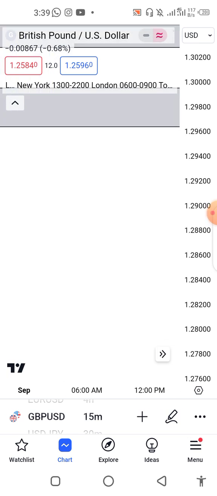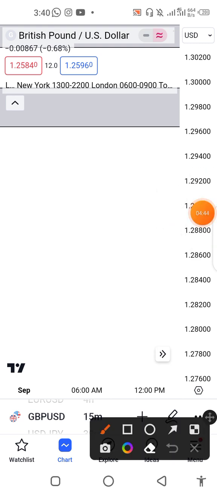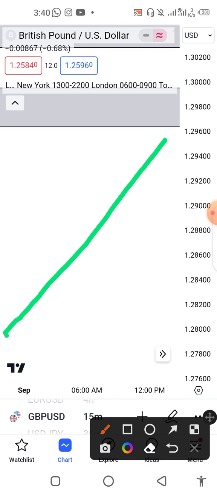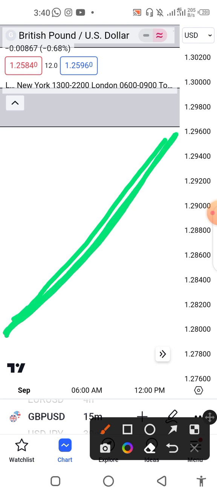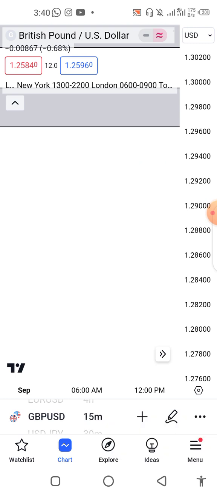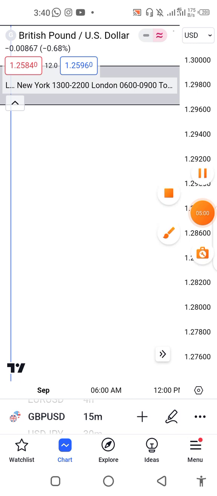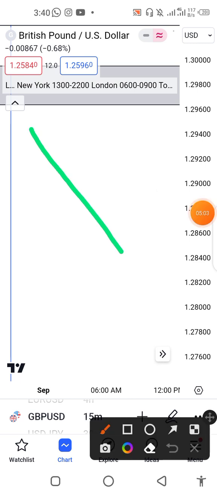So what is a trending market? In layman's terms, a trending market moves like this, diagonally. You see that? I'll break it down well for you so don't worry. It moves either like this or like that, right?